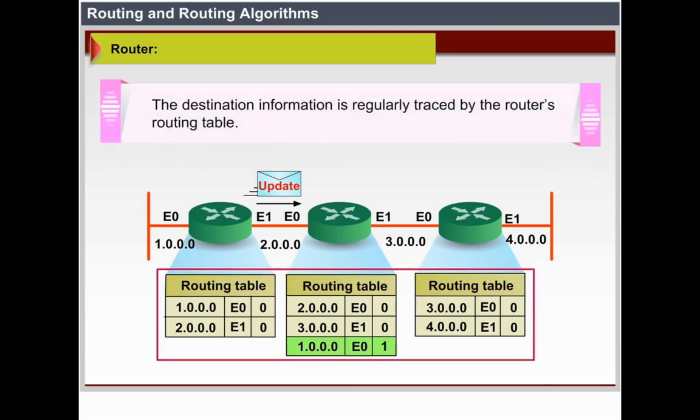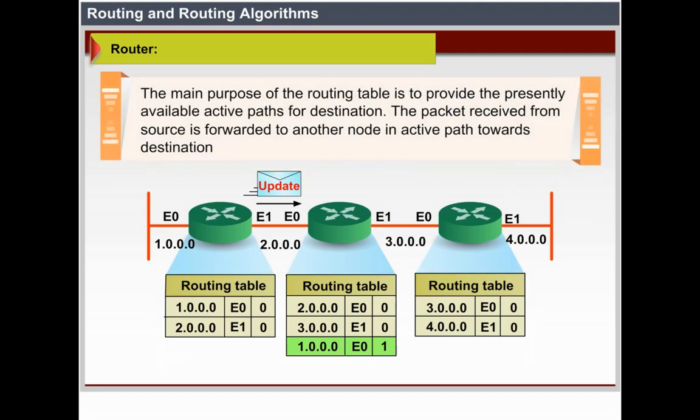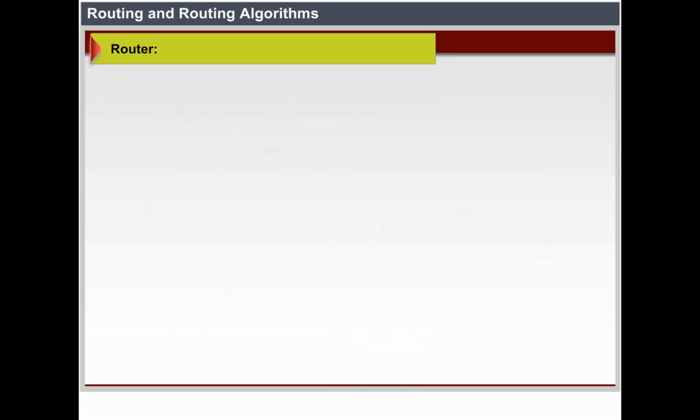Each router's routing table caches the destination information regularly. The purpose of the routing table is that it provides the presently available active paths for a destination so that a packet received from a source is forwarded to another node in the active path towards the destination.